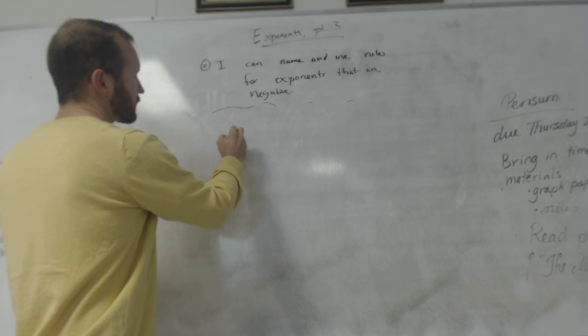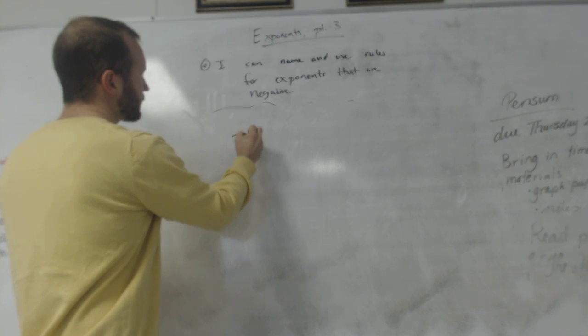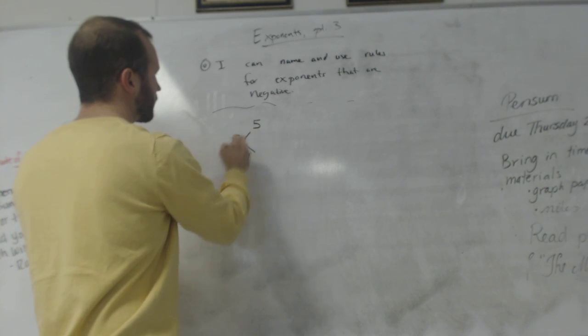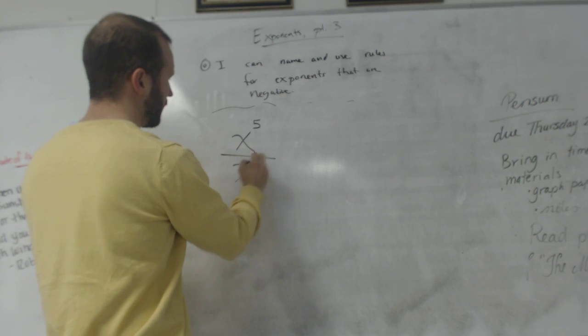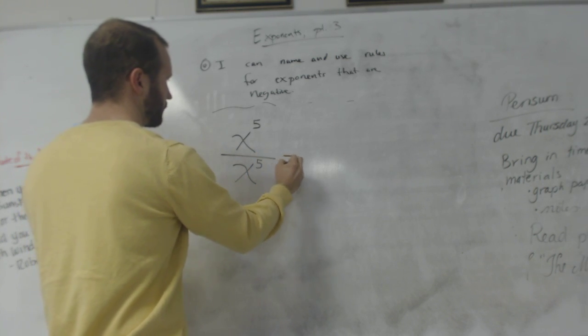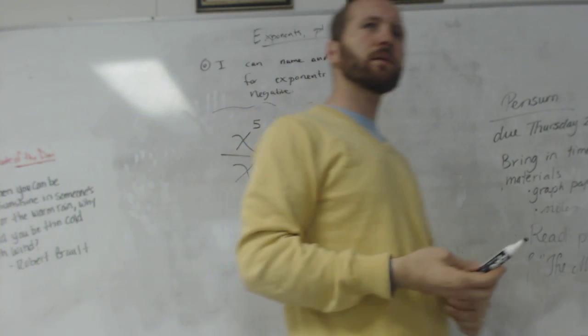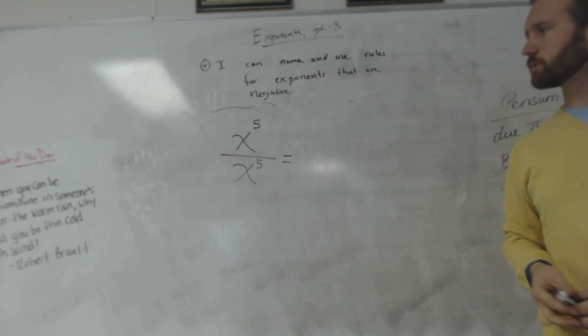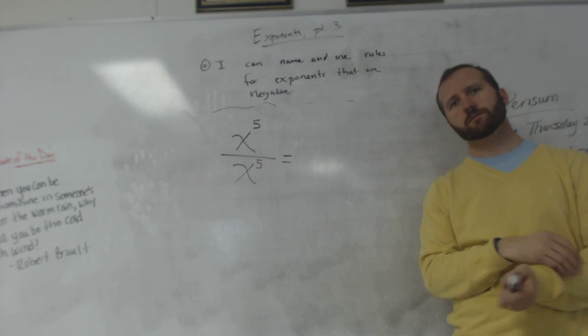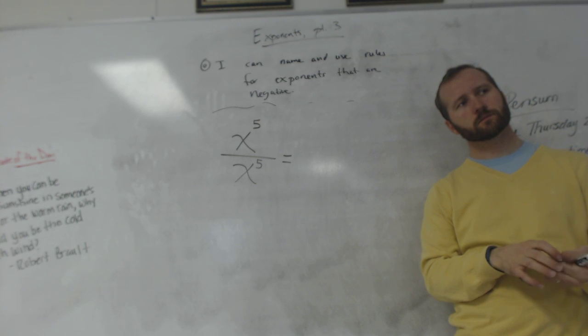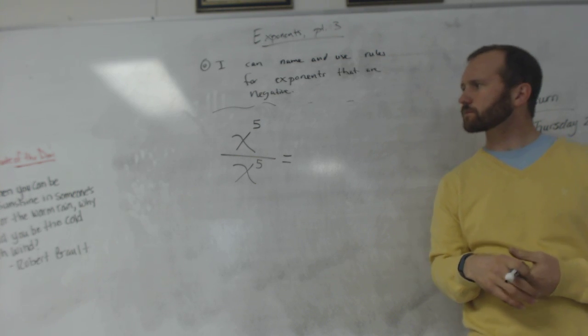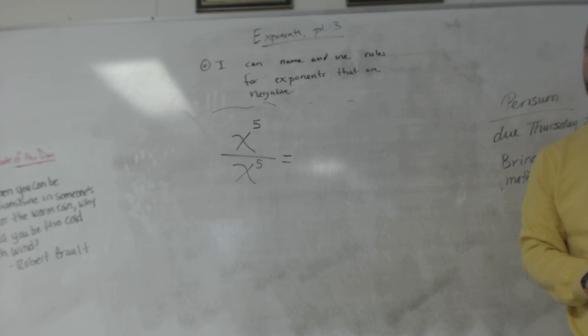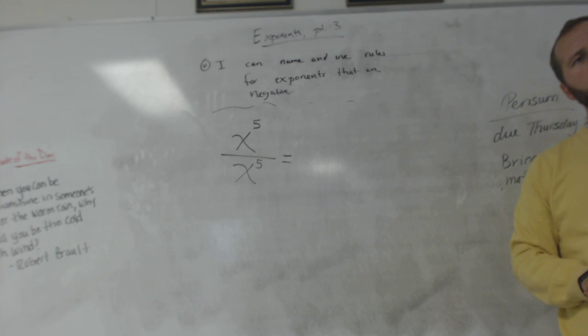Alright, I'm going to give you kind of a tricky one. x to the 5th over x to the 5th. What do you think that equals? It would just be x, or we'll make x equals x to the first. It would be 0.